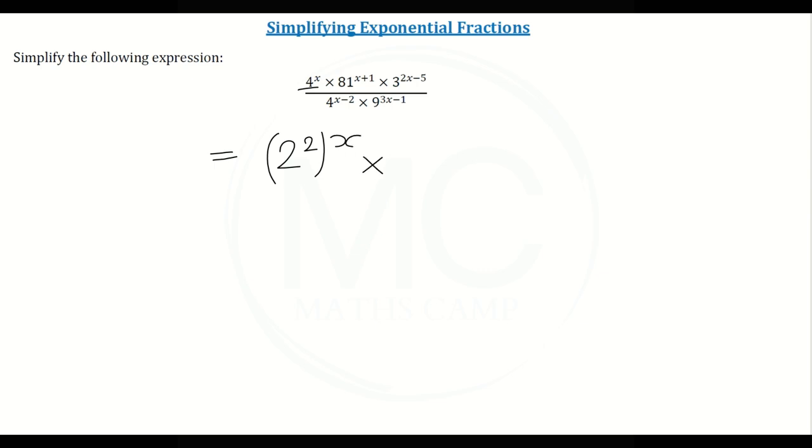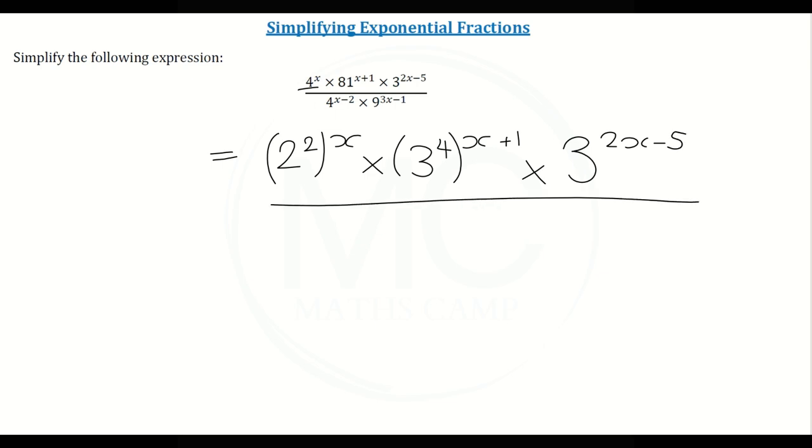In our previous example, we know that 81 is actually 3 to the power of 4. So I can say (3^4) with an exponent of x plus 1, multiplied by 3. It's already a prime base, so we can leave it as it is, with an exponent of 2x minus 5, all over 4.